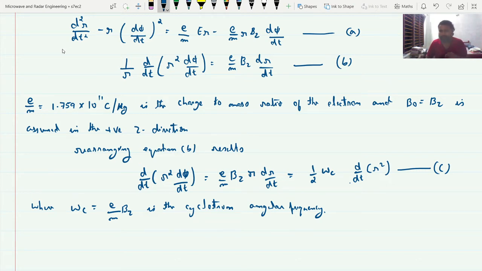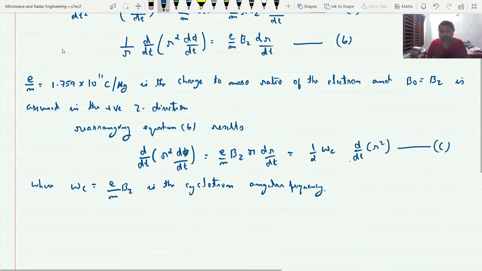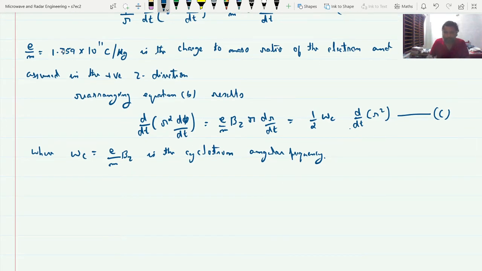Okay, so I will integrate equation C. d by dt of r square I can write as 2r into dr by dt, which implies that 1 by 2 omega c, which is E by m B_z, times 2r dr by dt.